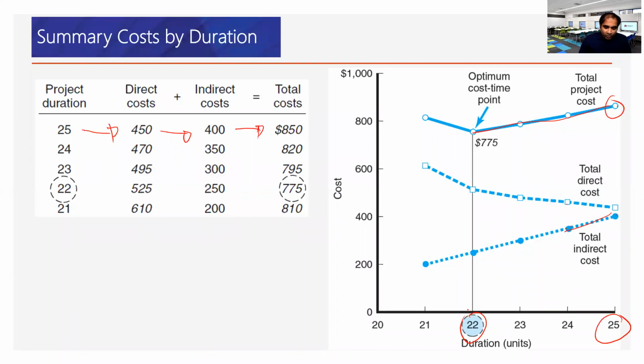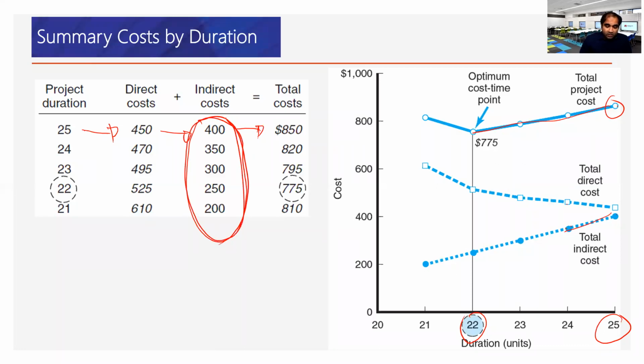Now, what is the indirect cost? We did not consider the indirect cost before, so we only considered direct cost. Usually it should be mentioned that for every day increase, there's an indirect cost of $50 or $100, whatever it is. So we always consider a linear increment in the indirect cost.